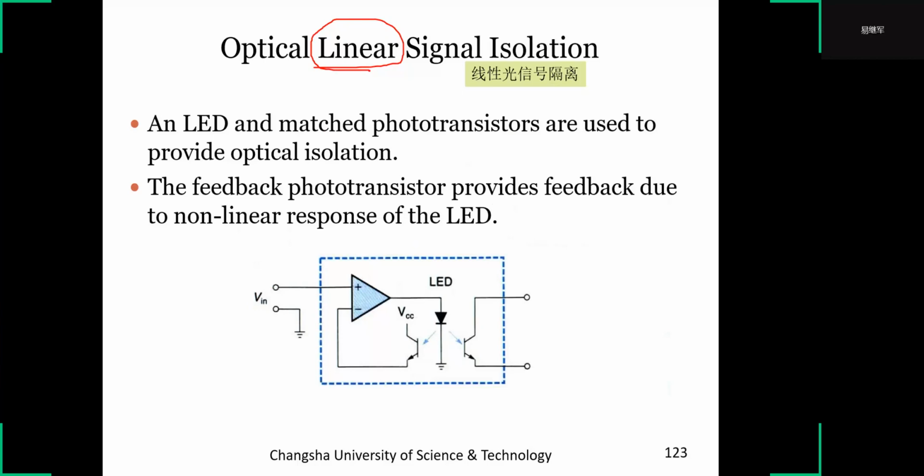So we change the optical coupler to the linear signal isolation. Add the feedback in the isolation. So we change the non-linear signal to a linear signal.